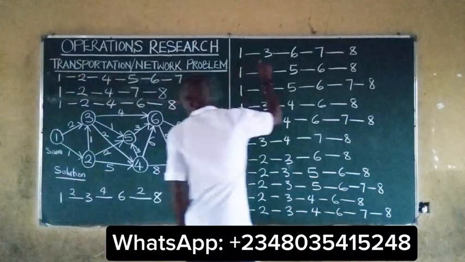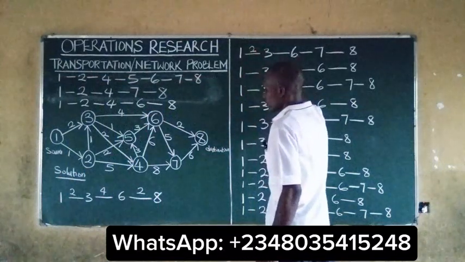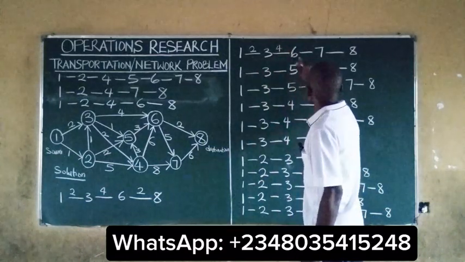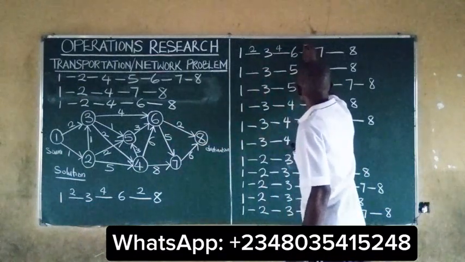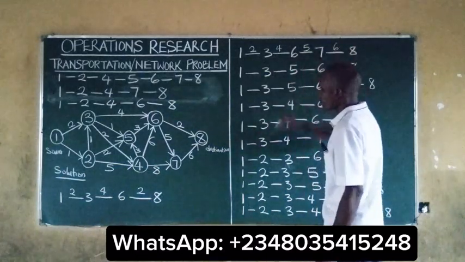The next one, 1 to 3, 2 kilometers. 3 to 6, 4 kilometers. 6 to 7, we have 5 kilometers. 7 to 8, we have 6 kilometers.